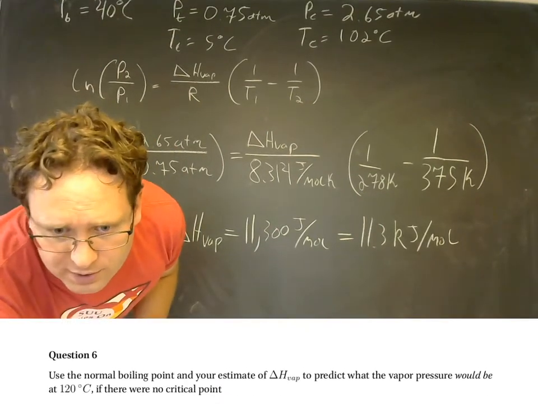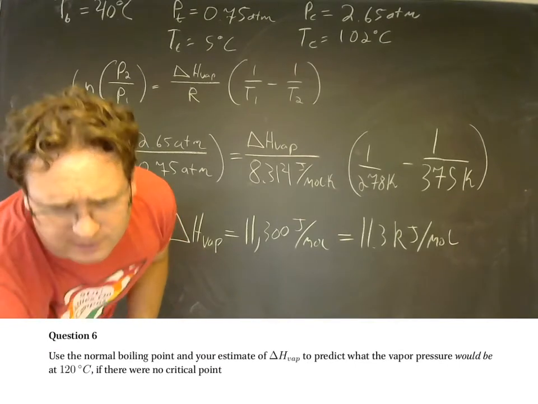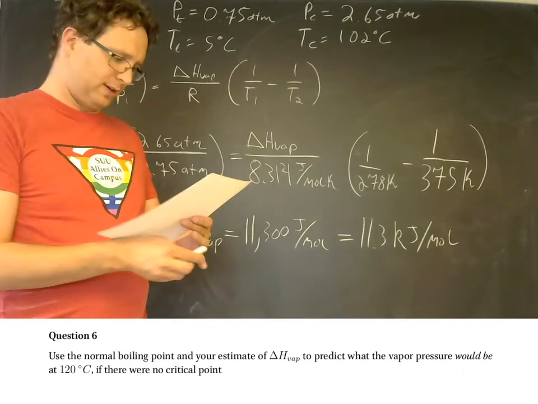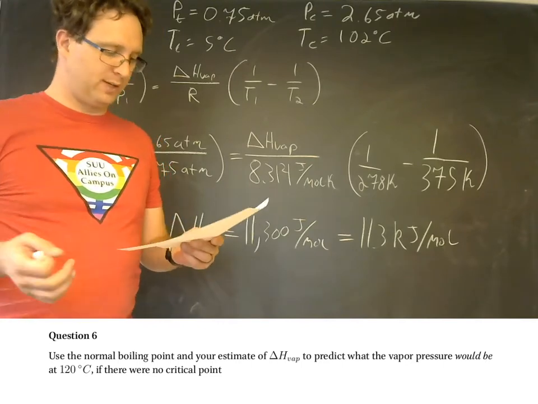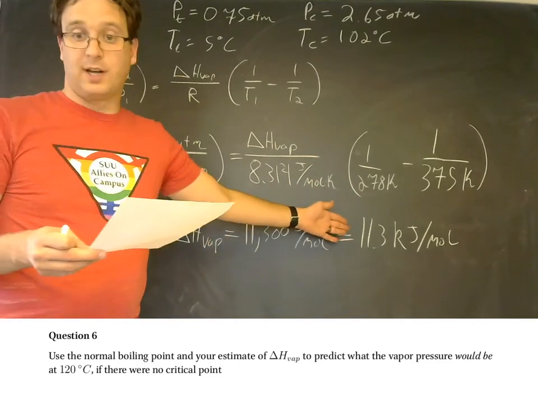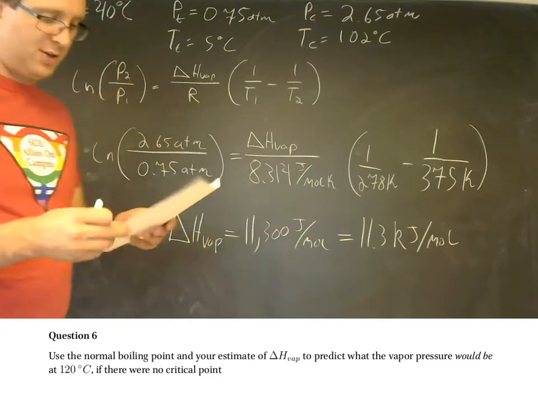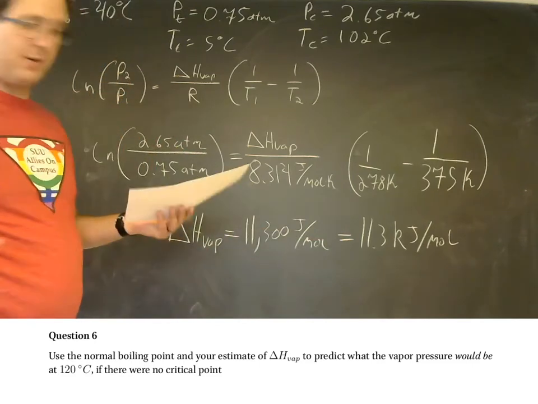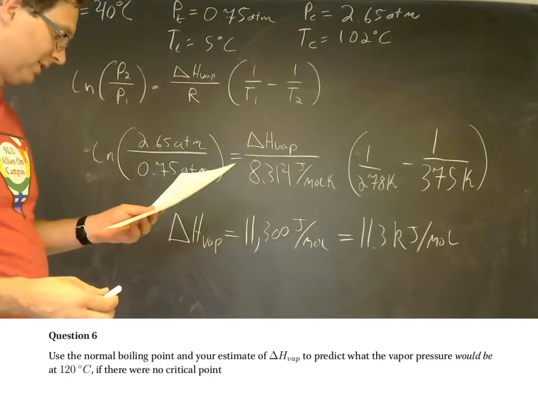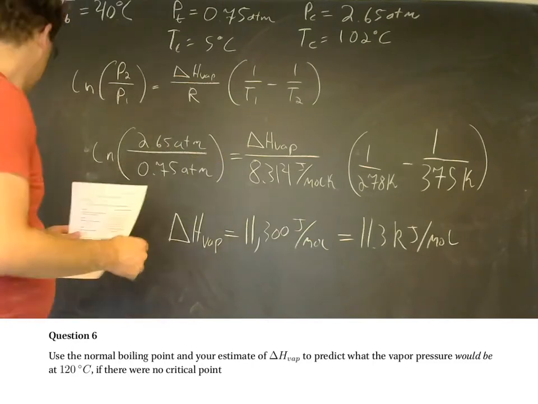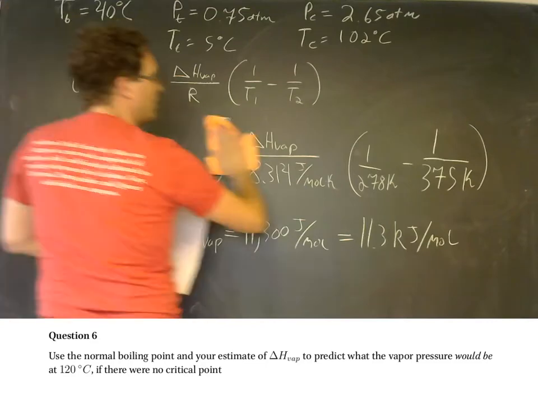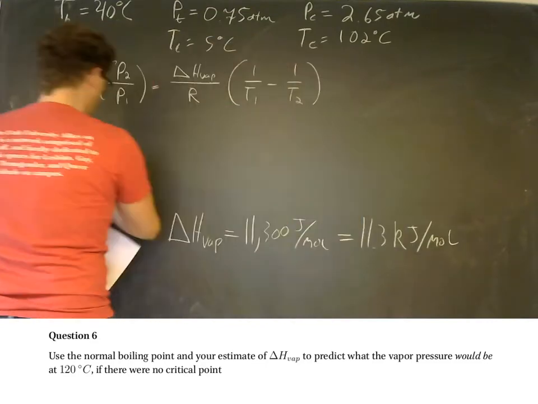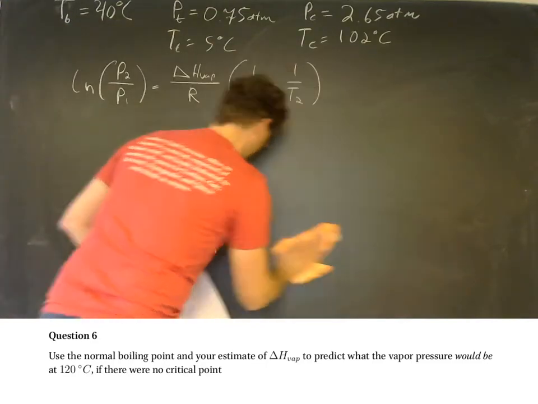Now question 6 says to use the normal boiling point and our calculation for delta H of vaporization to predict what the vapor pressure would be at 120 degrees Celsius if there were no critical point. So what would be the pressure at 120 degrees Celsius?